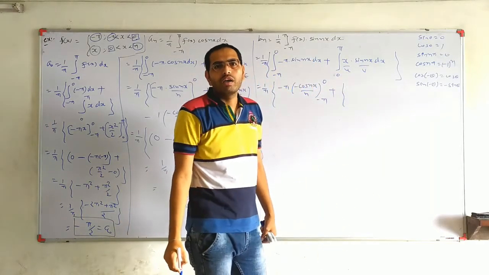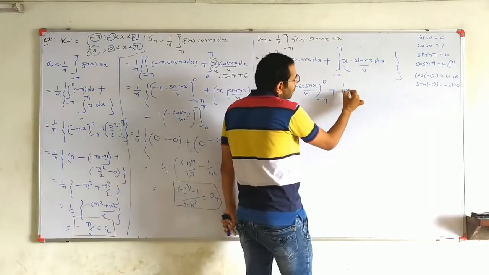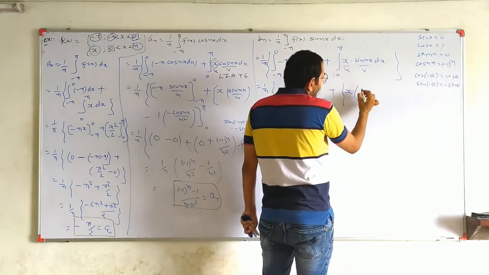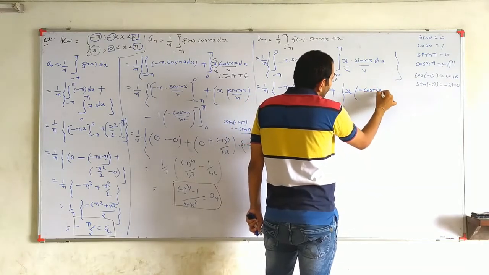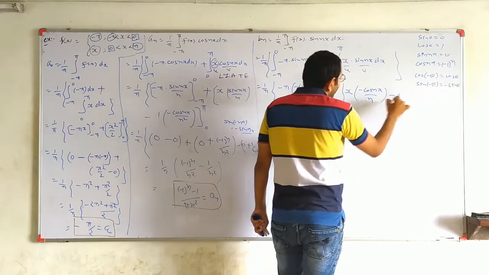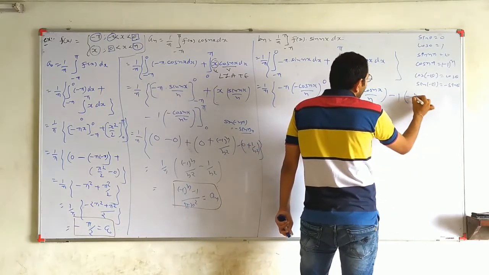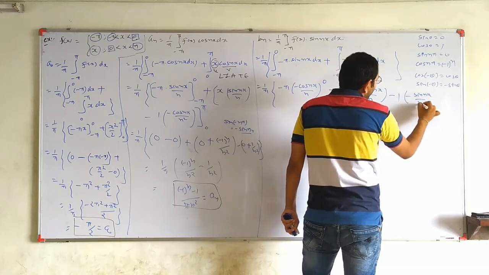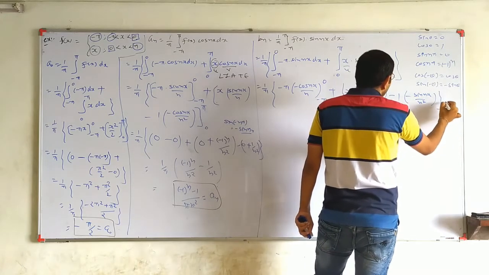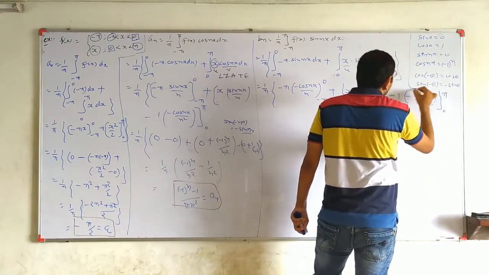Then we apply Bernoulli's rule: u as it is, integral of v means minus cos nx upon n, minus 1, derivative of u, integral of v, then sin nx upon n square, from 0 to pi.